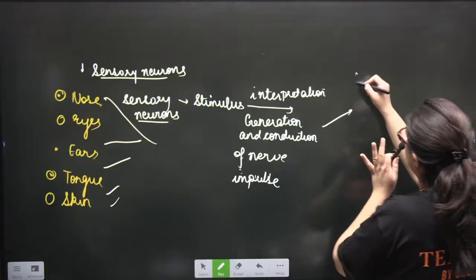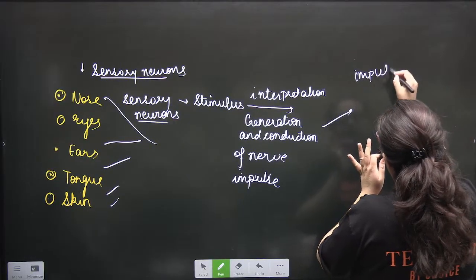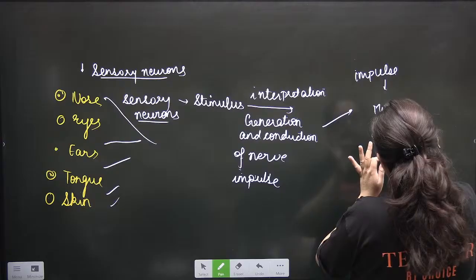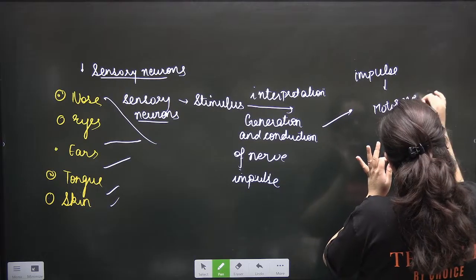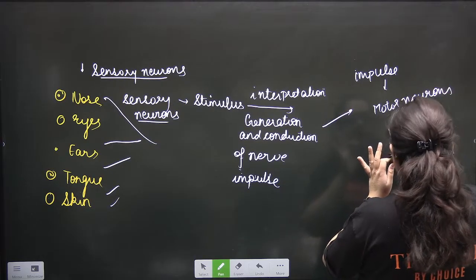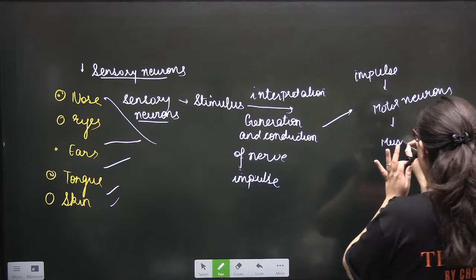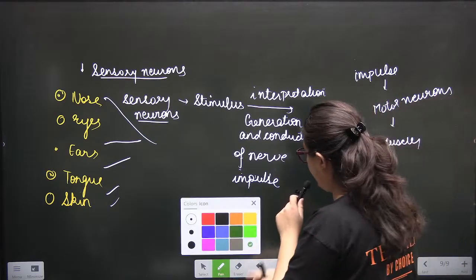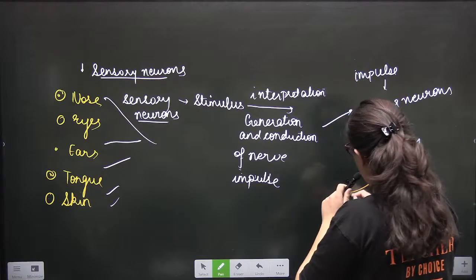So this impulse is transported by motor neurons to muscles, and muscles in turn provide the response.